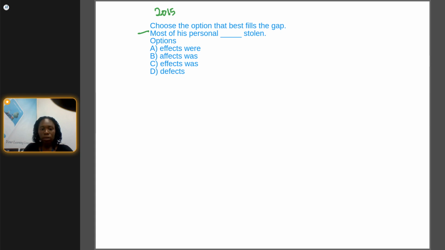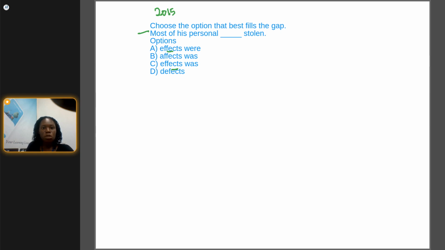So when you talk about effects, the word effect refers to personal belongings or personal items. All right, since we have an idea of what effect means because we see it come up here twice, it means personal belongings.